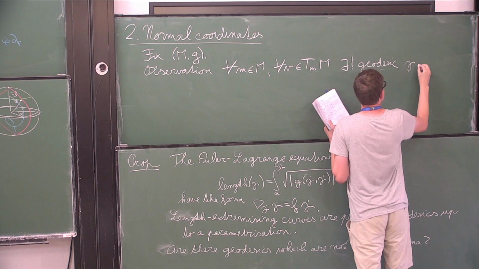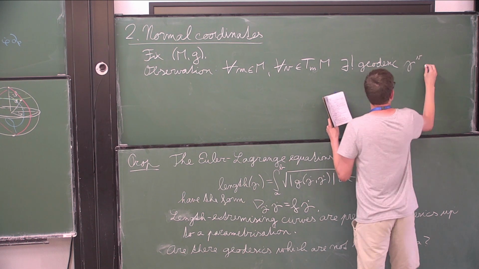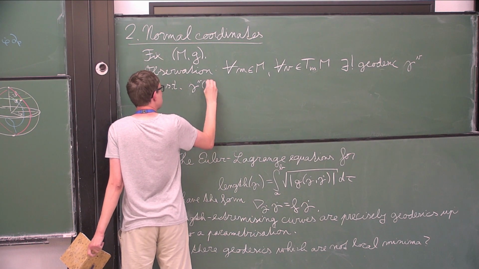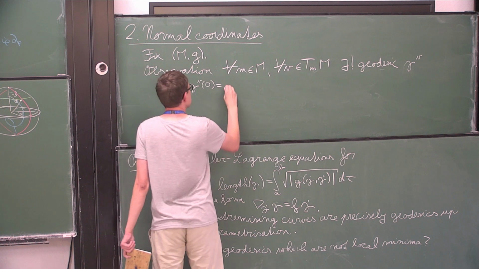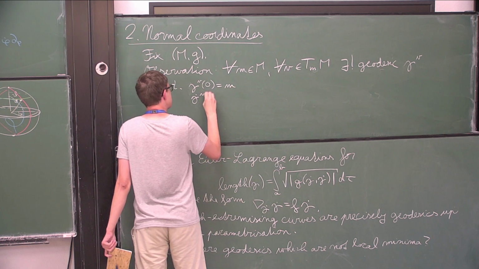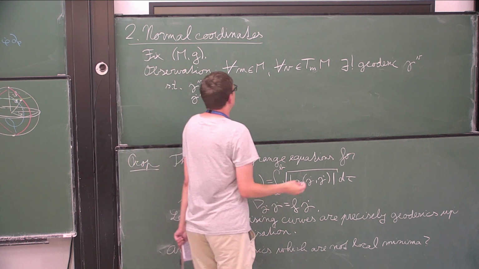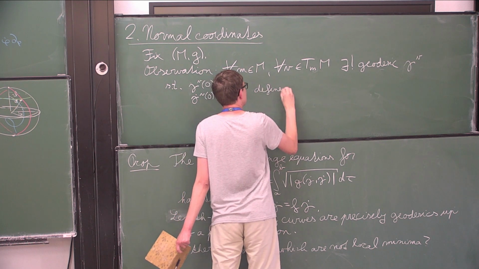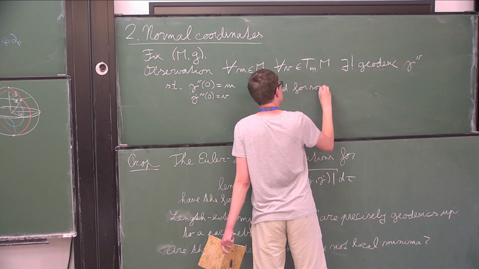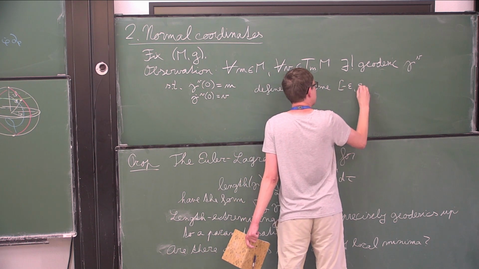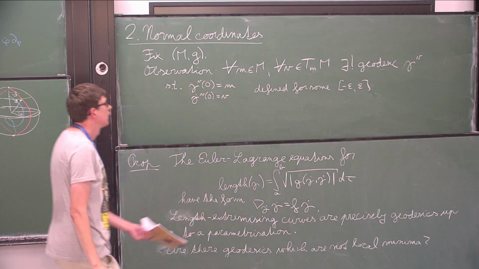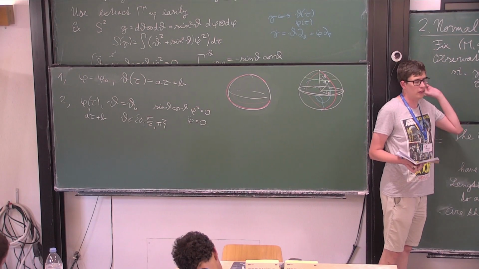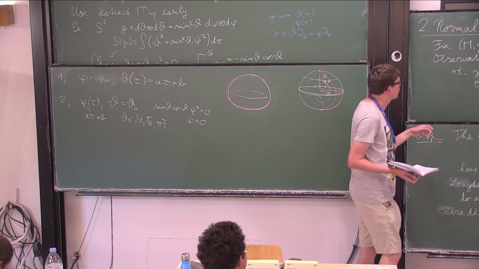Let me call this geodesic gamma v, such that gamma v at point 0 starts at m, and its velocity is given by v. It doesn't have to exist at all times, but at least some epsilon time is enough. For physicists, this would be a statement that if you have initial position and velocity, then you should be able to determine the curve.